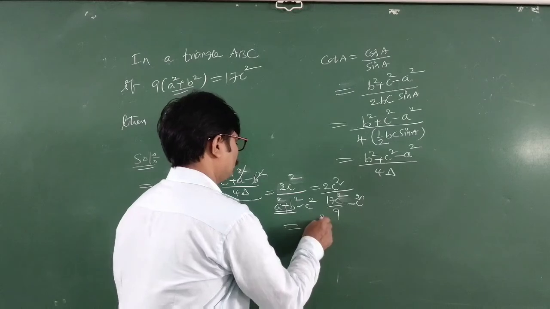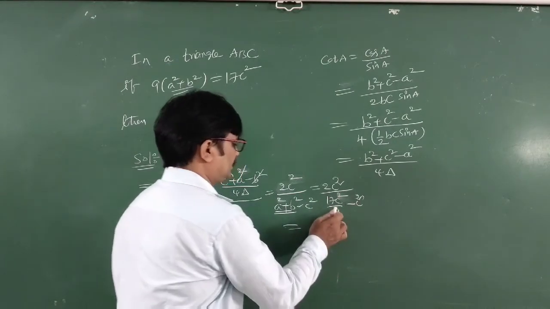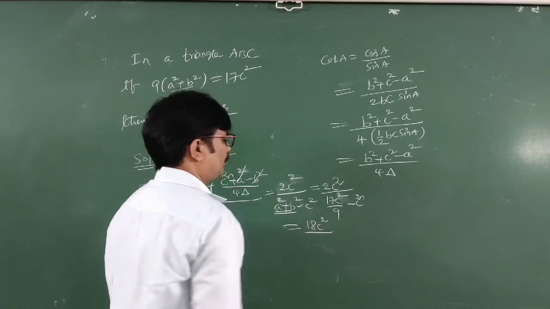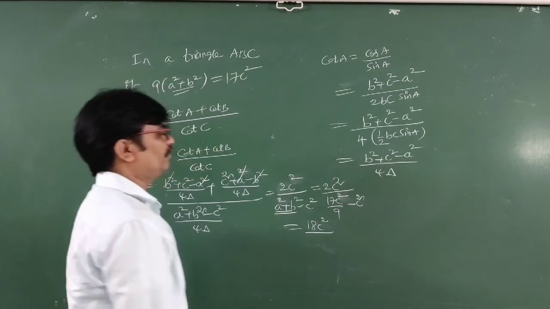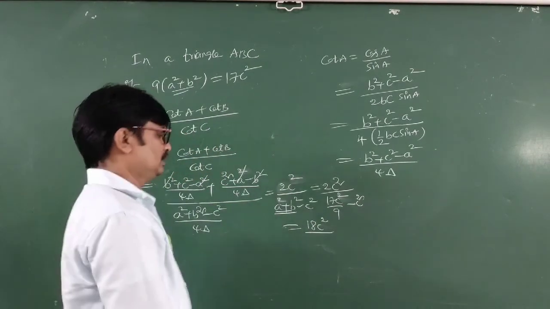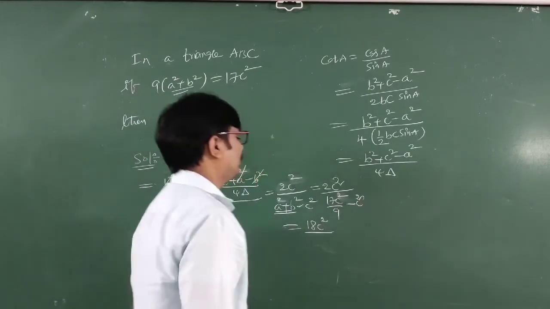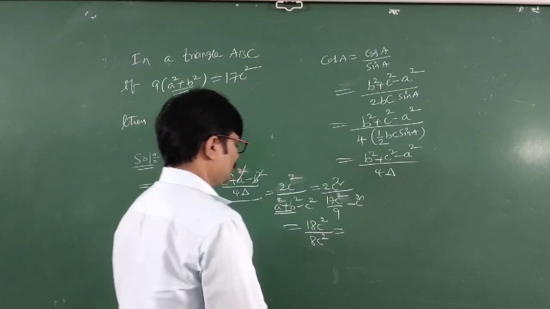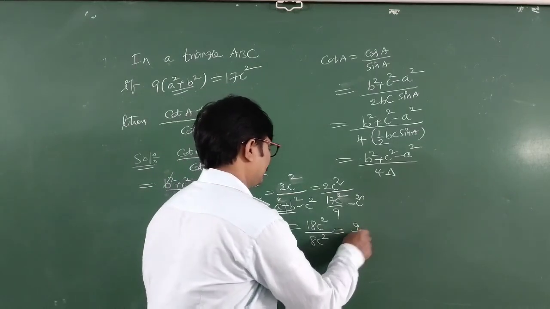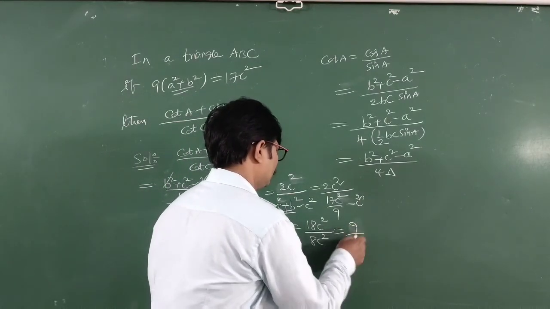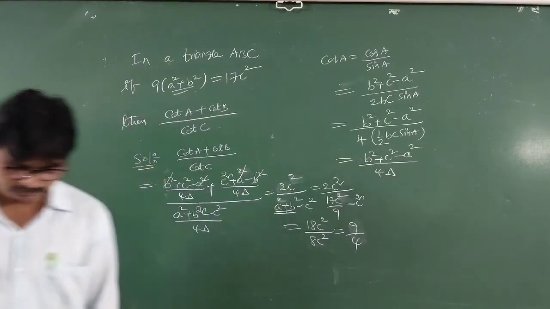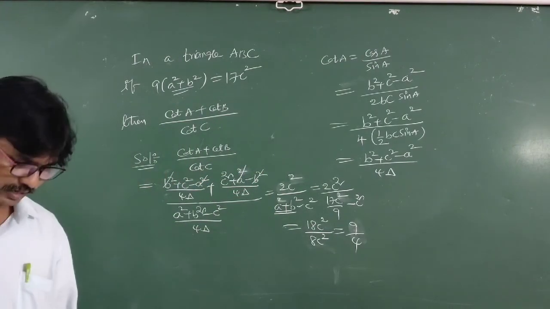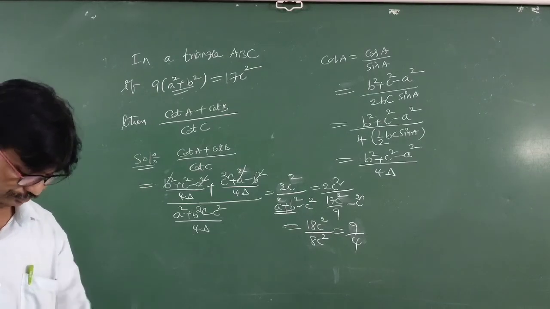So students, 2c square, the LCM is 9, so 9 twos are 18c square upon 17 minus 9, which is 8c square. 2 nines are, 2 fours are, so 9 by 4. 9 by 4 is the answer. Okay students? Write down 9 by 4 is the answer.